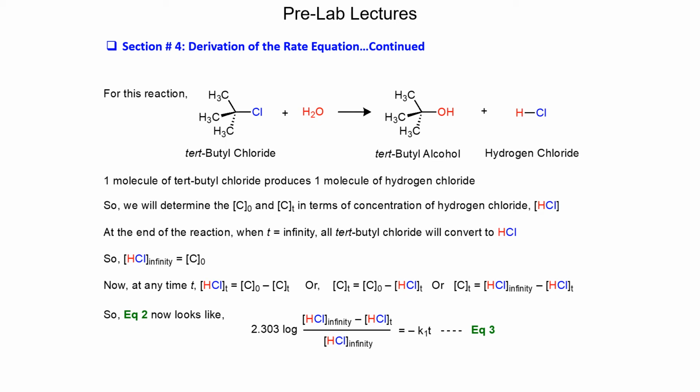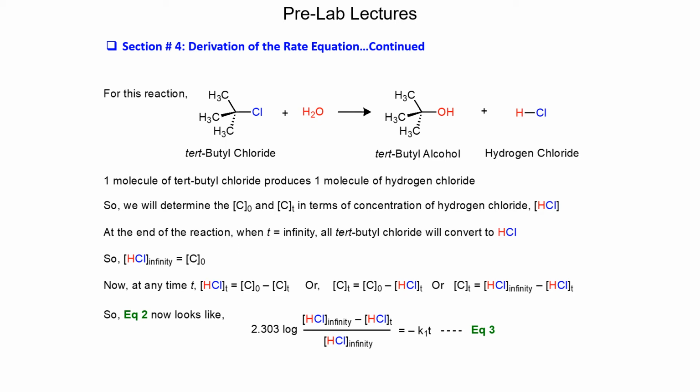Because we said the rate at which tert-butyl chloride is consumed is equal to the rate at which hydrogen chloride is formed, we can simply relate the initial concentration of tert-butyl chloride to the final concentration of hydrogen chloride.